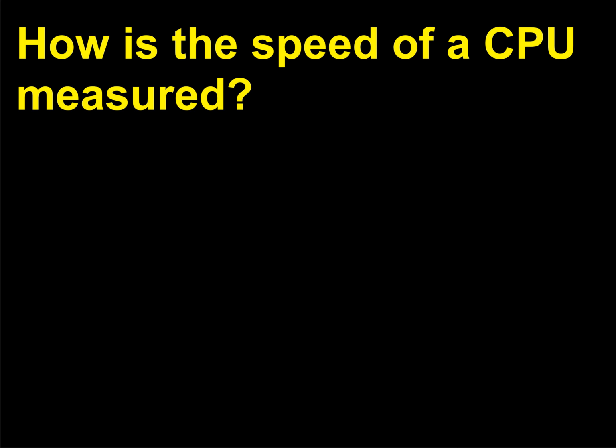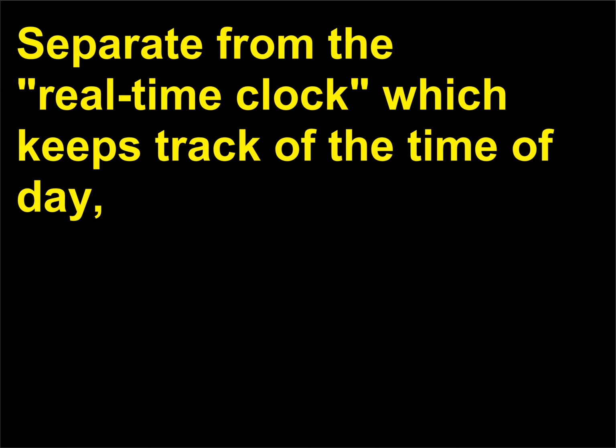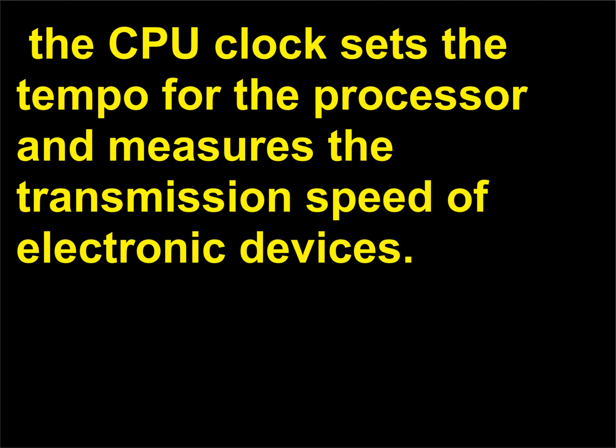How is the speed of a CPU measured? The CPU clock is separate from the real-time clock, which keeps track of the time of day. The CPU clock sets the tempo for the processor and measures the transmission speed of electronic devices.